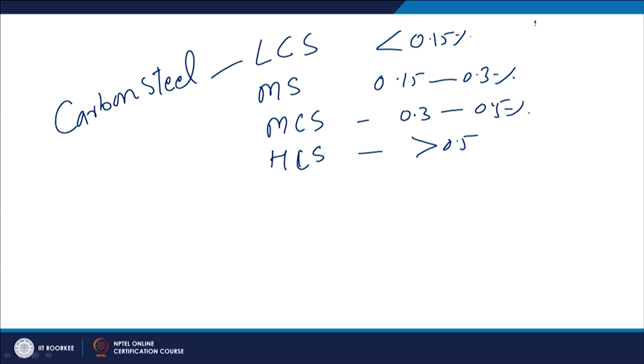So, according to the carbon content, this is the broad classification, and as the carbon content increases, the weldability of the steel in general decreases, but still we have to weld the different types of the steel.